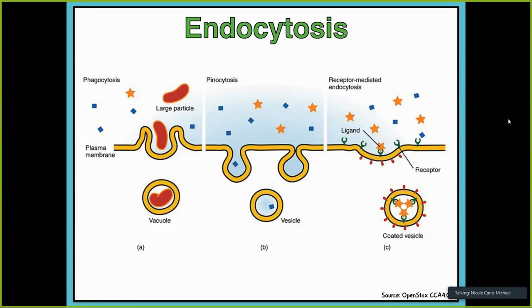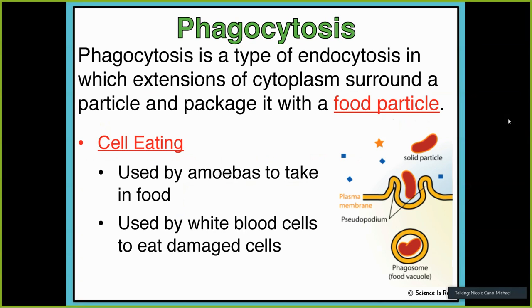All right, so these are just some pictures of endocytosis. We'll talk about these each individually, not a big deal. Phagocytosis is literally cells eating. So if there is a food particle near the cell membrane, it is going to create a little vesicle. It will see the food particle.